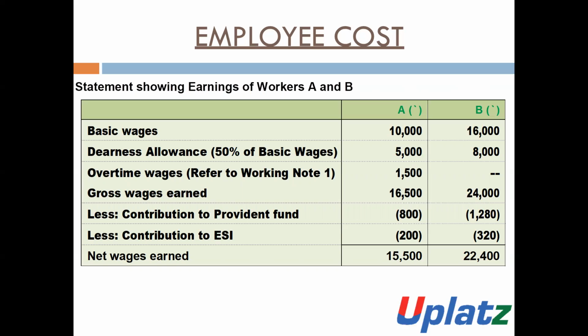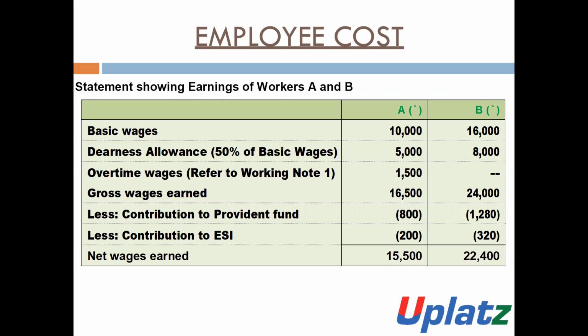And overtime is 1,500, 1,500. Then the total amount of the basis is 16,500 and 24,000. The contribution made to the PF is 800 in the case of A, and in the case of B is 1,280 rupees.